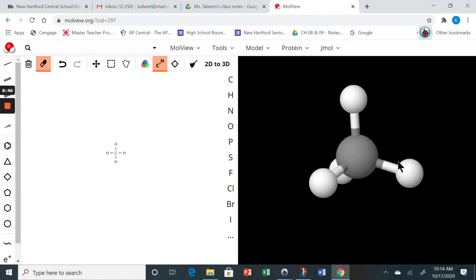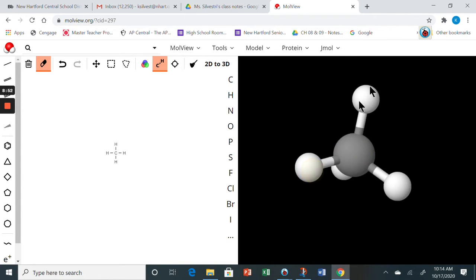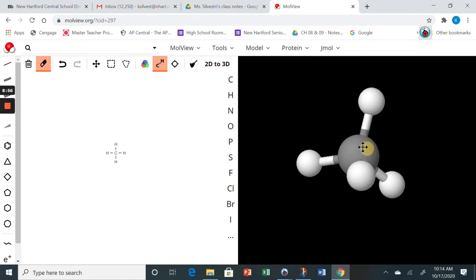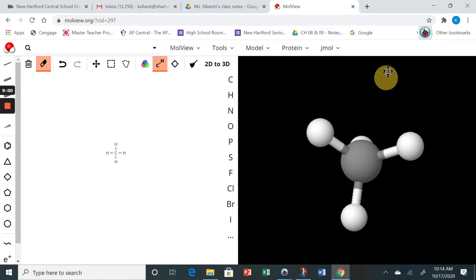You're looking at the face. Now, if I rotate this around, here's a second face. So that's face number 2. I'm going to rotate it around, and that's face number 3. And then the other part on the bottom is 4. So it's 4 faces, 4 sides, tetrahedral. And that's where it comes from.